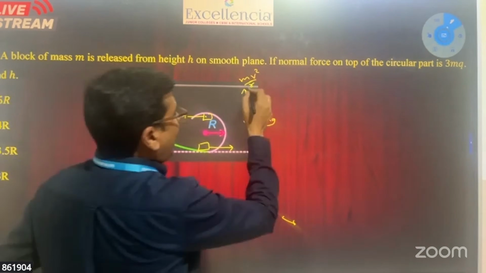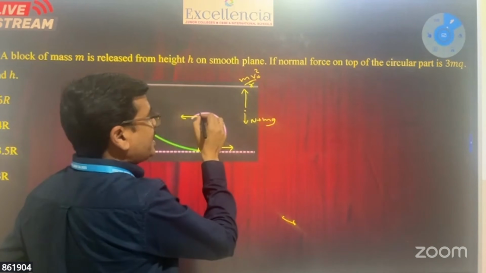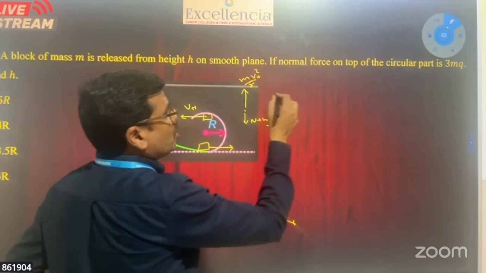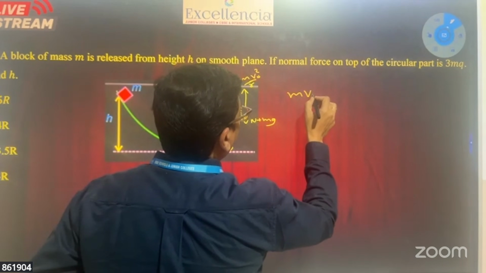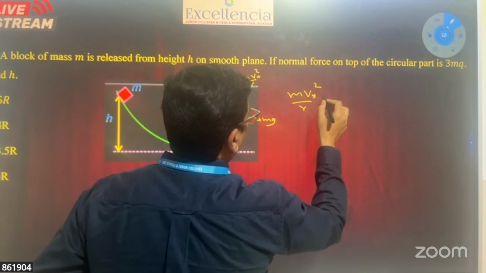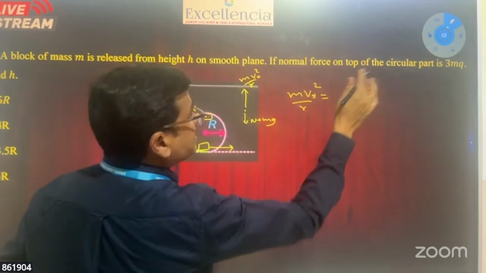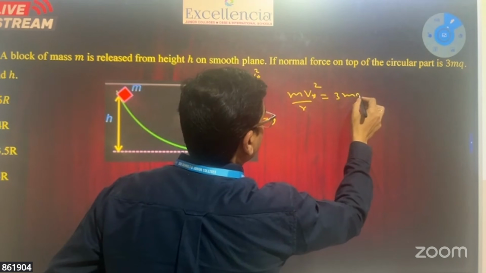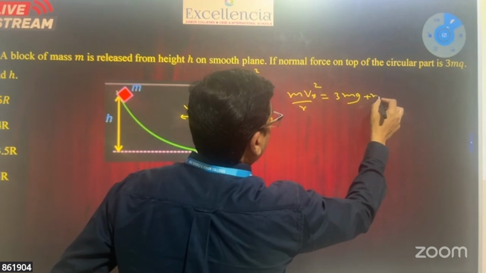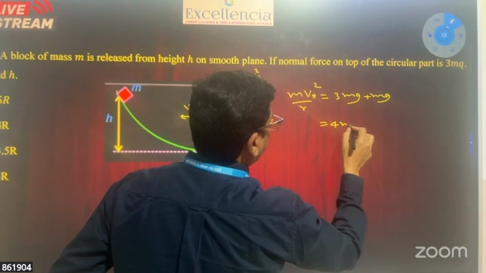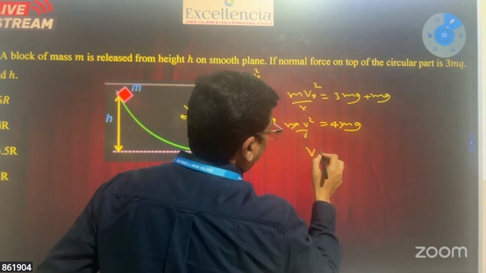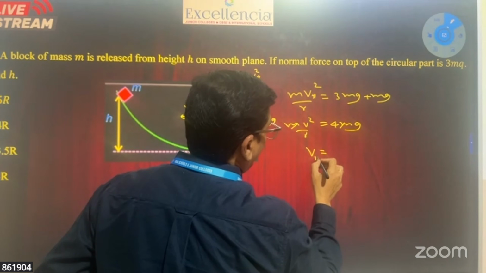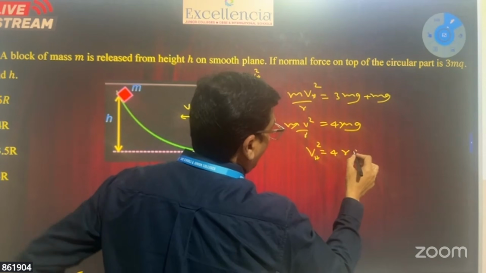So I'll find out the velocity at the highest point, let us take it as Vh. So m vh square upon r must be equal to N, which is given as 3 mg, plus mg. So we are getting 4 mg as mv square upon r. So we are getting the value of vh square is equal to 4 rg.